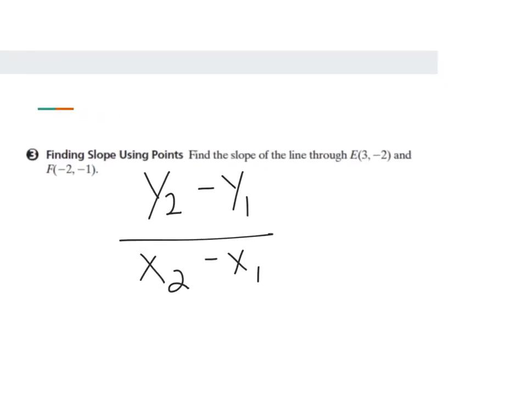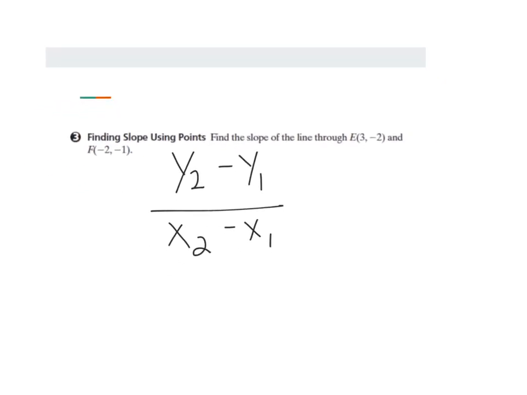In this case, it's not going to really matter which you call point 1 and which you call point 2. Just remember to be consistent as you're calling them. So I'm going to call this point E point 1 and this F point 2 just for now. If you would like to try this with the reverse, calling E point 2 and F point 1, go ahead. And again, trust me, it's going to give you the same slope.